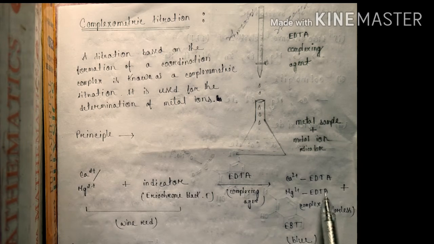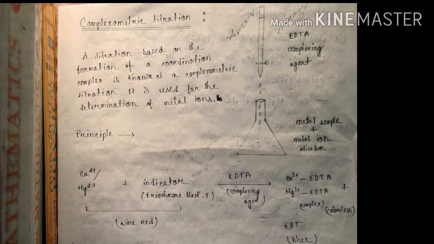This EDTA complex is colorless and the color of this indicator is blue. As both are present in the same solution, the overall color of this solution becomes blue, which is the endpoint of this titration. And this is the basic principle of this complexometric titration.